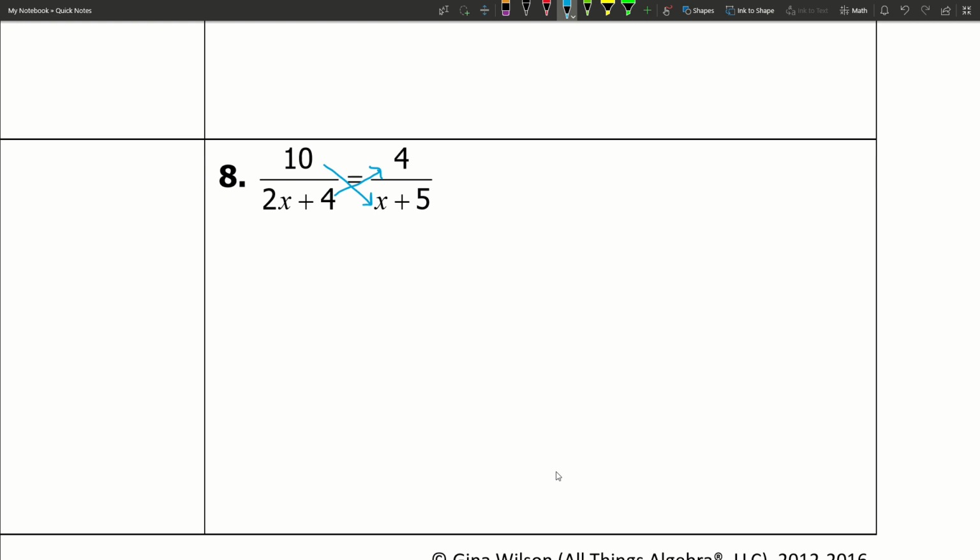So I'm going to take what's in the top corner and multiply it to the bottom. I would have 10 times x plus 5. We go across our equal sign to the other side. I would have 4 times 2x plus 4. Again, I go across to the other side.